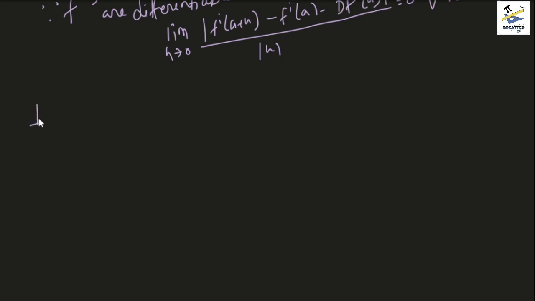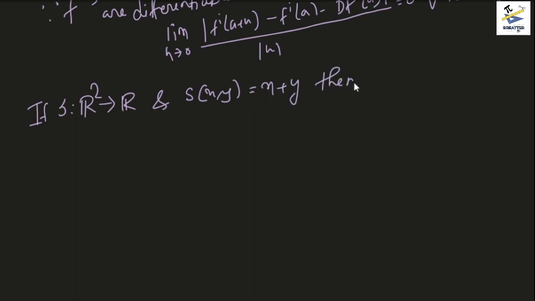So let's say s of x comma y is basically x plus y, then we need to prove that ds of a comma b is basically s itself. Now how do we do that?